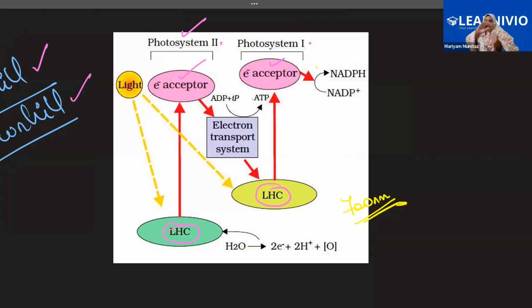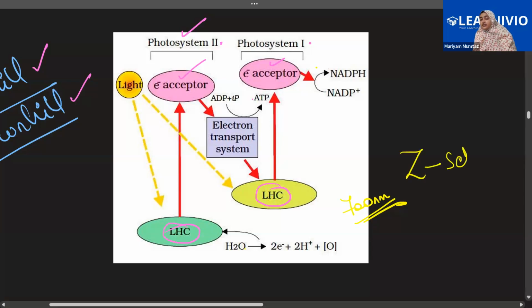Now, if you rotate this picture in your mind clockwise, what alphabet do you see? Z. This whole process of non-cyclic photophosphorylation is also called the Z scheme. Clear?